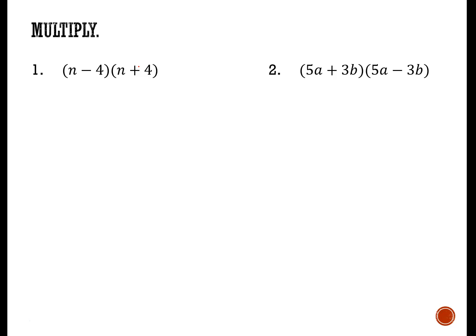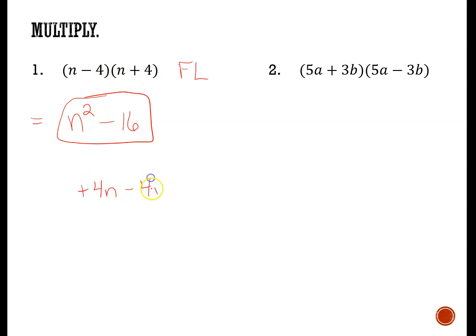So that tells me I can use my shortcut and just do first and last. So if I do first, I do n times n is n squared. And I do last, a negative 4 times a positive 4 is negative 16, then that's it. I'm done. If we had done outside and inside, let me just show you real quick. Outside would have been plus 4n, inside would have been minus 4n, and that's 0. So you wouldn't have had an n term in your answer.